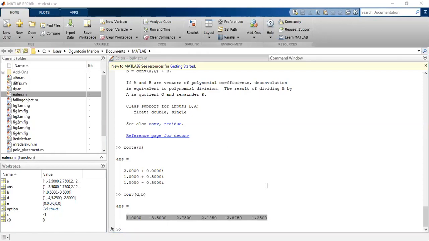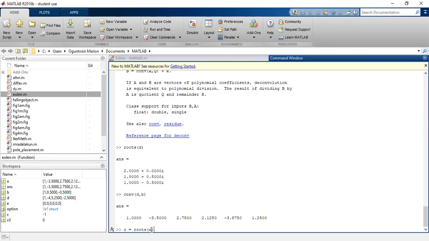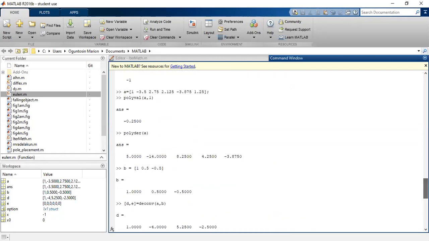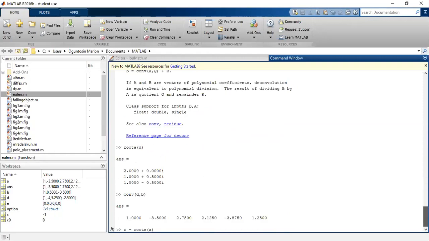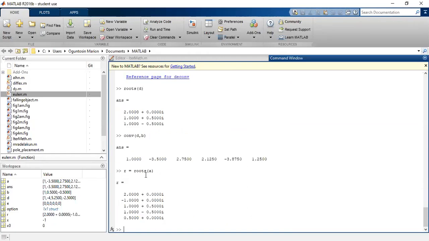And if you want to directly calculate the roots of A, the original polynomial we started with, so this is our A, simply say roots A, and MATLAB is going to directly give you the roots.